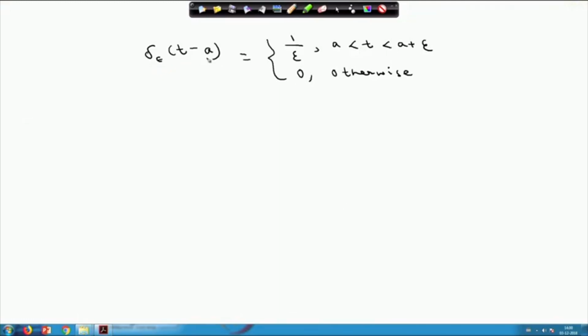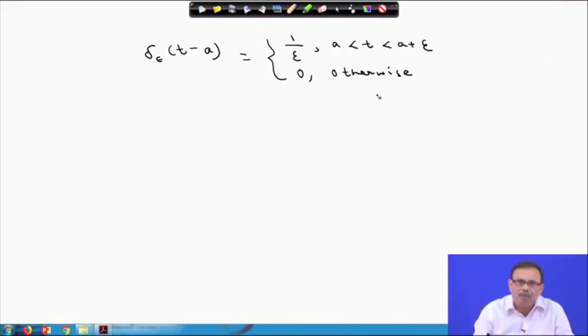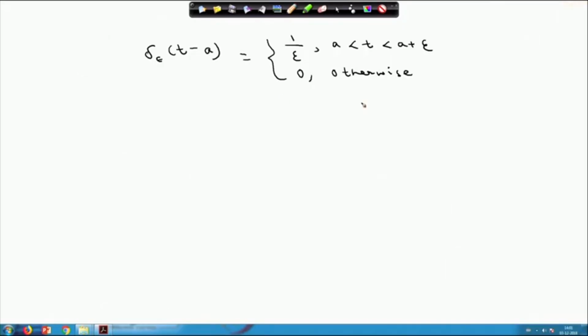The delta epsilon t minus a equals 1 by epsilon whenever t lies between a to a plus epsilon and 0 otherwise. So, as epsilon approaches 0, this value will approach infinity and it will make an infinite rectangular strip basically, which we have described as a large force acting for a very short period. Now, let us see what would be the Fourier transform of this one.